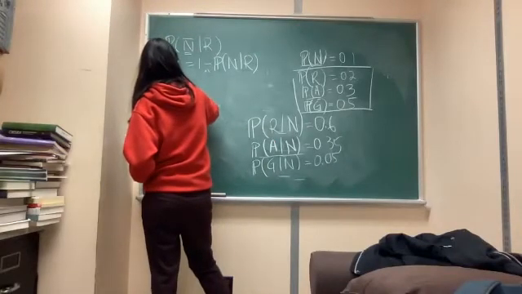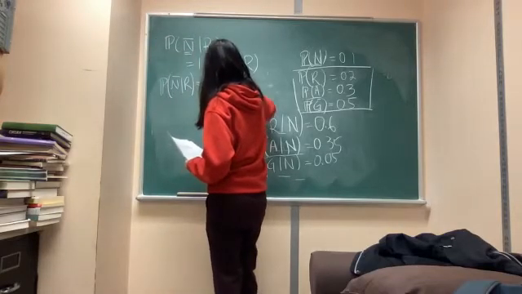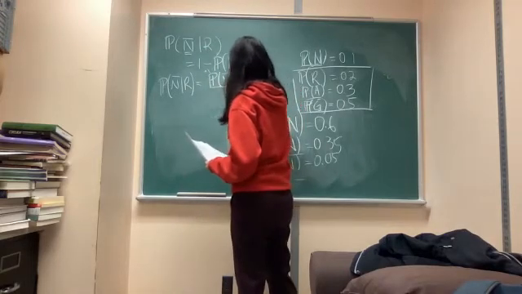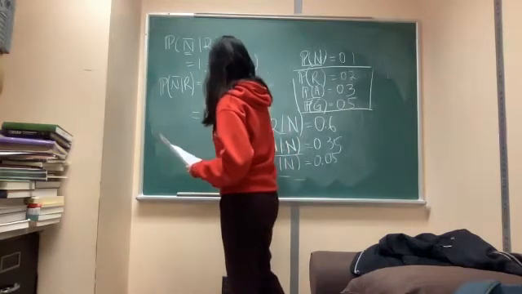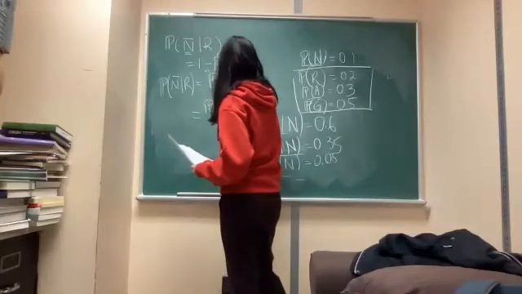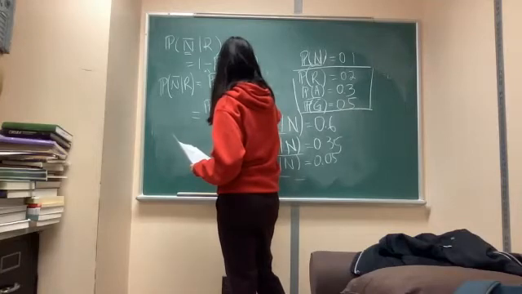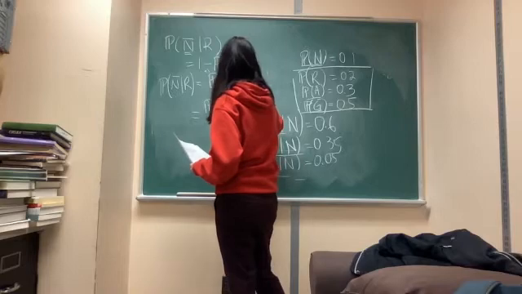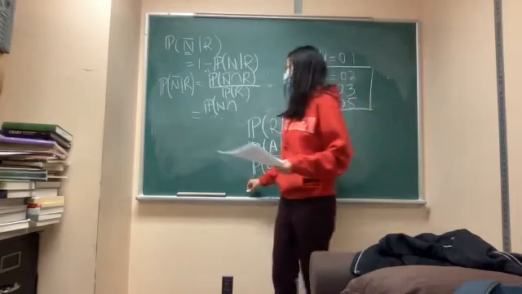Maybe I could have done it like N given R equals the probability of N intersection R, over the probability of R, which is the probability of N intersection R. Summary is that it's just really long and you really don't want to do it like that.